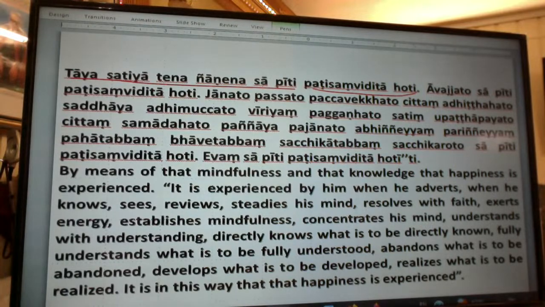Tena Jnanena, that very powerful wisdom. Sabidi, that happiness or joy. Vipassanā Hodi, very clearly understanding the nature of piti. The nature of piti is very clearly understood at the time.